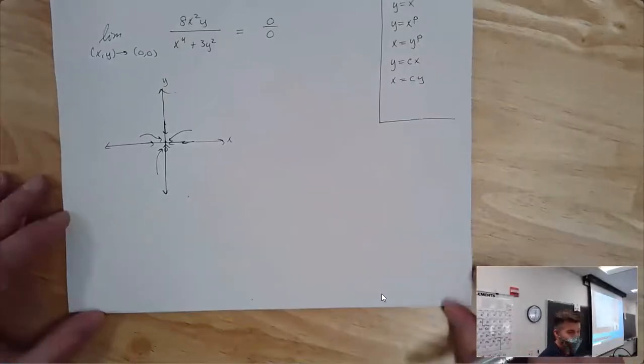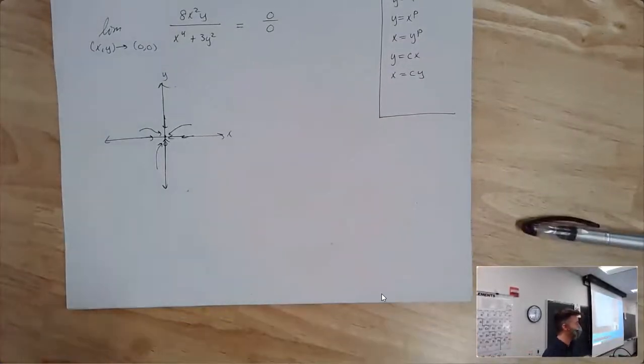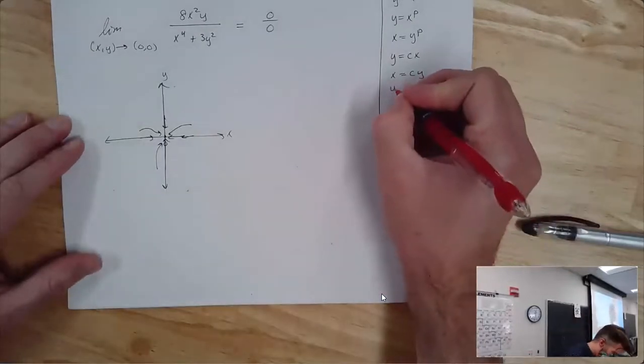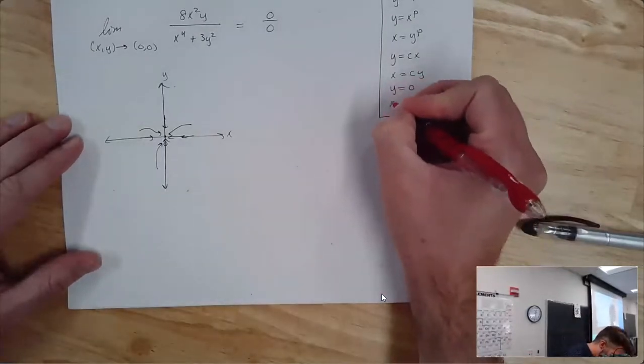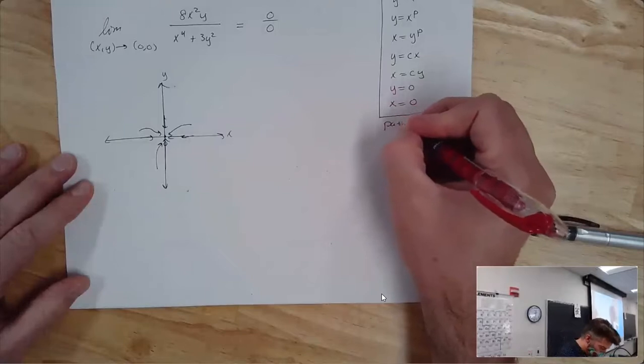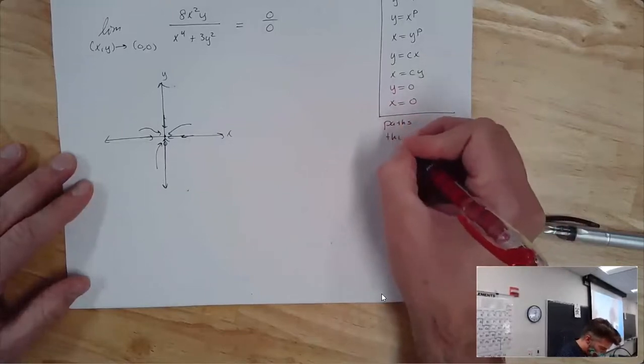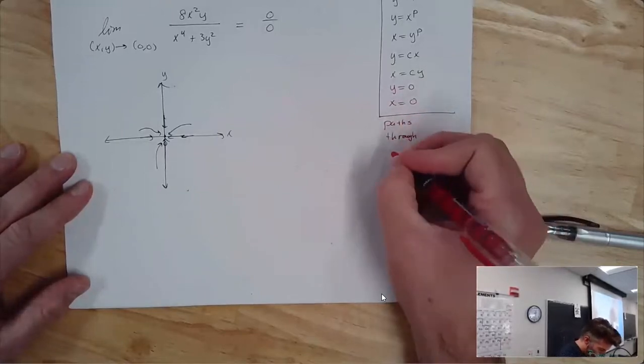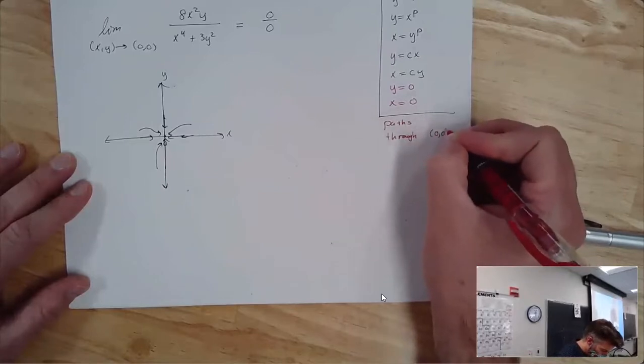And then my favorite ones that get forgotten and usually give us some of the best information possible, y equal to 0 or x equal to 0. This list is by no means exhaustive, but these are the common choices of paths through the origin.